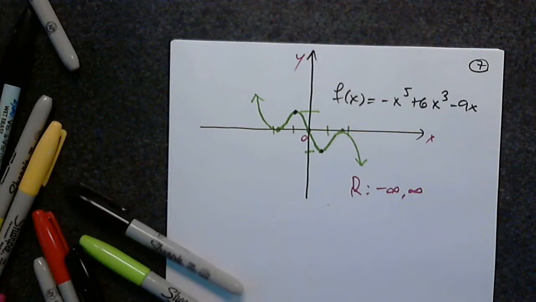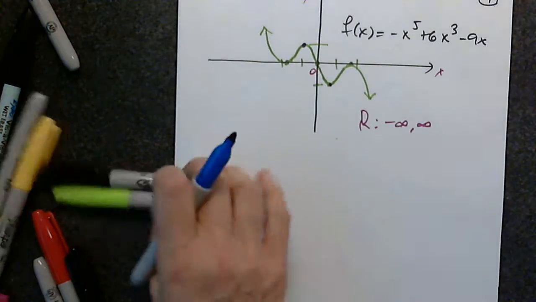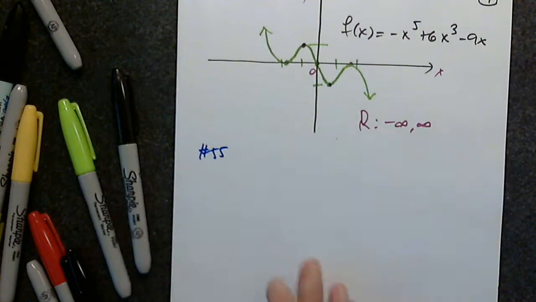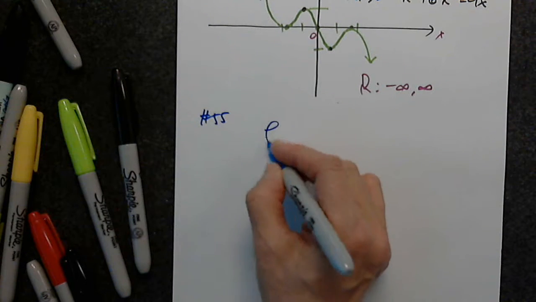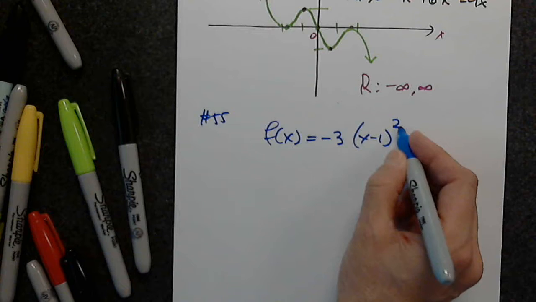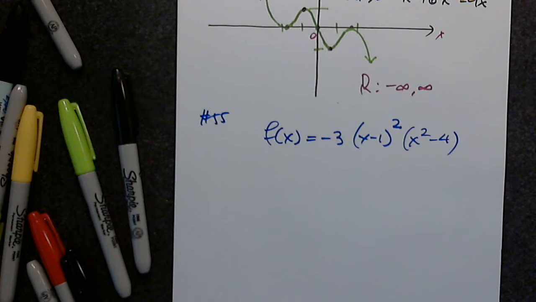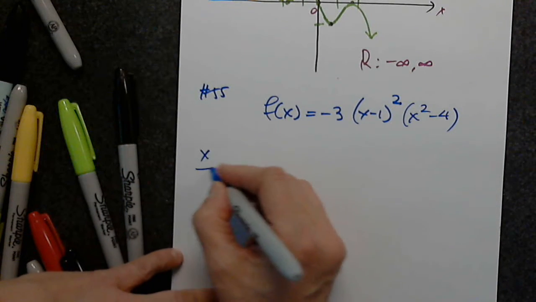So what would you prefer? 4th degree, 6th degree? Oh, I got a 4th degree right here, number 55. Everything is the same, no secrets. F of x equals negative 3, x minus 1 squared, x squared minus 4. I'll get the chart going right away.